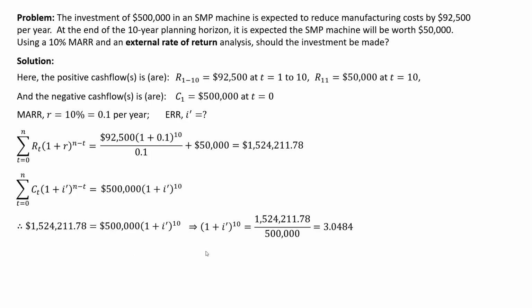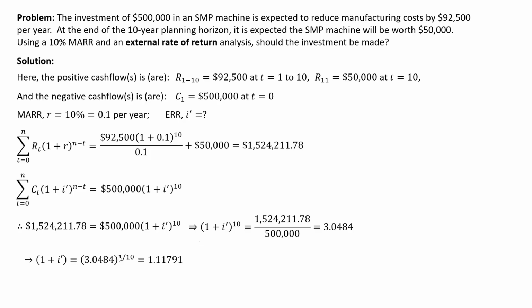Anyways, so this turns out to be some algebra. Solve this. Oh, that's interesting. Do you need to use logarithms? No, you don't. This raised to 10 equals 3.04. So you want to find 1 plus I prime? Take the 10th root on both sides, right?